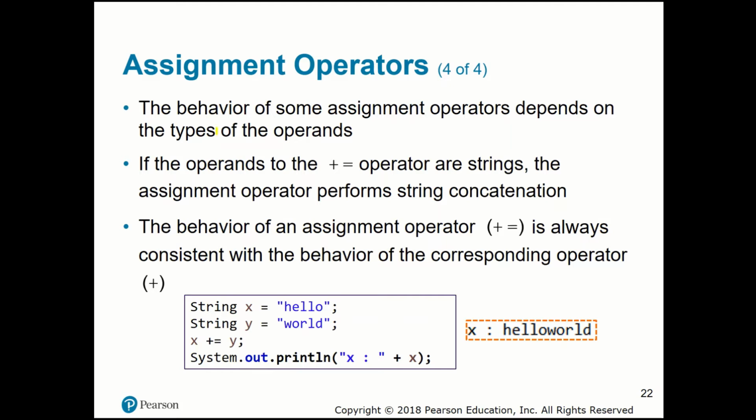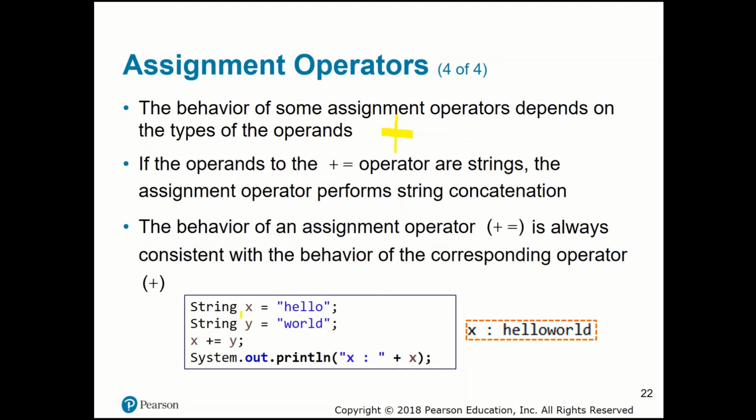The behavior of some assignment operators depends on the type of the operands. If the operands to the plus equal operator are strings, the assignment operator performs string concatenation. You know that plus can be used to add two numbers, and plus also can be used for string concatenation. So the behavior of an assignment operator is always consistent with the behavior of the corresponding operator plus.